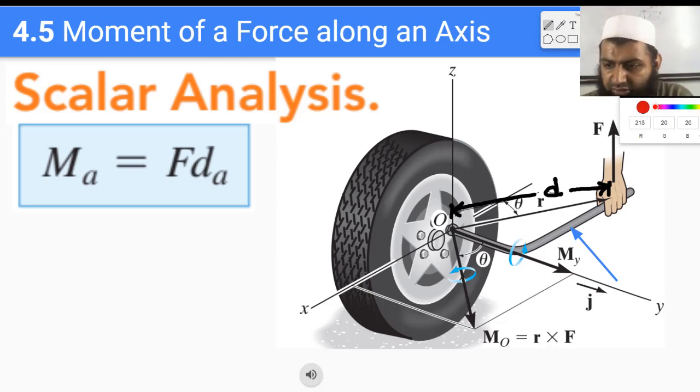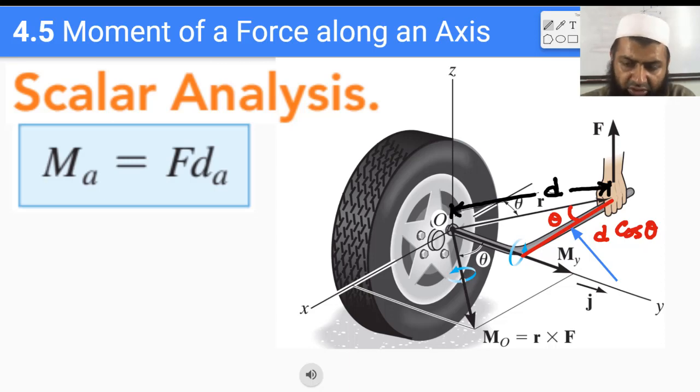So we are interested in this length here, and as I have stated earlier, this length is just d cos of theta, because this angle is theta.